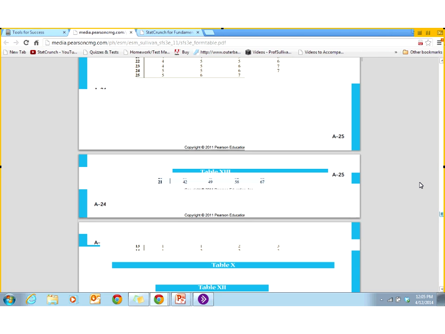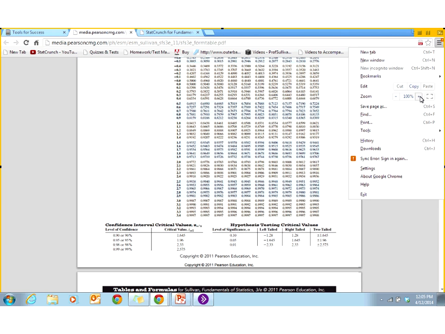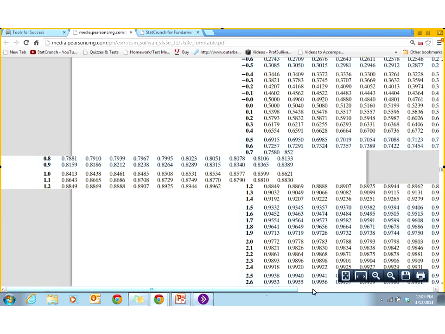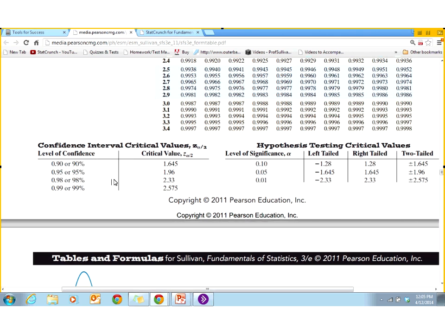At the very bottom of table 5, they actually give you the z values for some more widely accepted confidence intervals: 0.99, 0.98, 0.95, and 0.9.